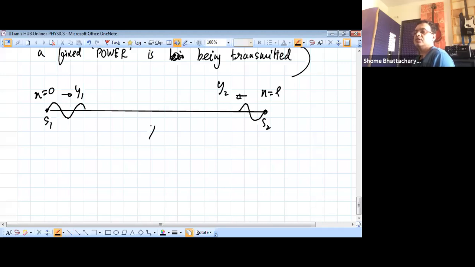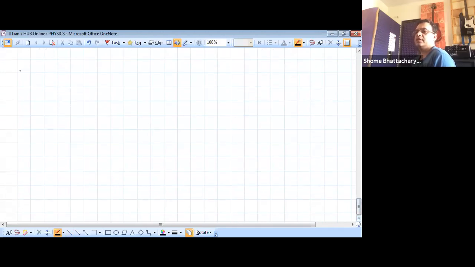So the length of the string which is in oscillation is a fixed length. That's the first thing. Now the other thing to understand is that the oscillation energy keeps oscillating between potential and kinetic energy.